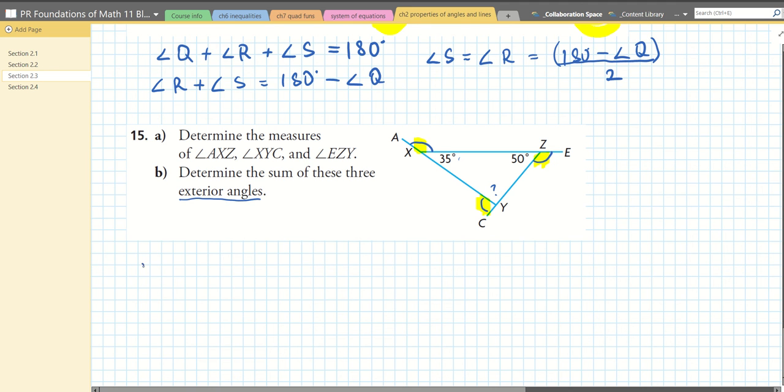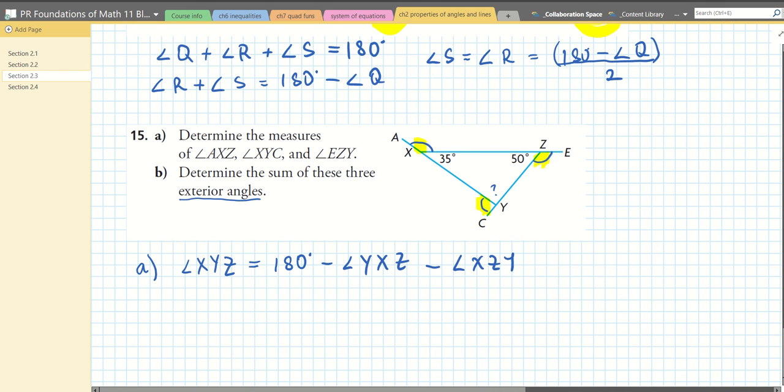All right, so for part A, let's find this one first, XYZ. Again, we're talking about the one with the question mark here, the interior angle. This is going to equal 180, which we know is the sum of all interior angles of a triangle, minus the two known angles, which are YXZ, so the 35, minus XZY, so that's the 50.